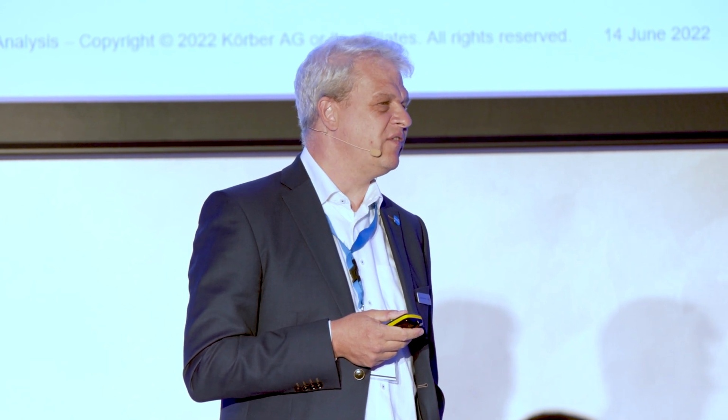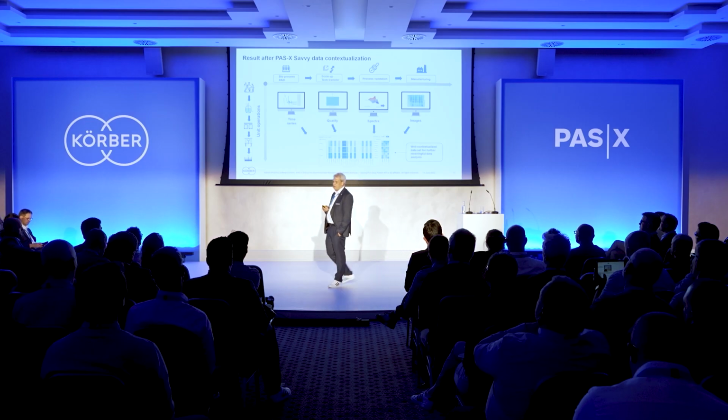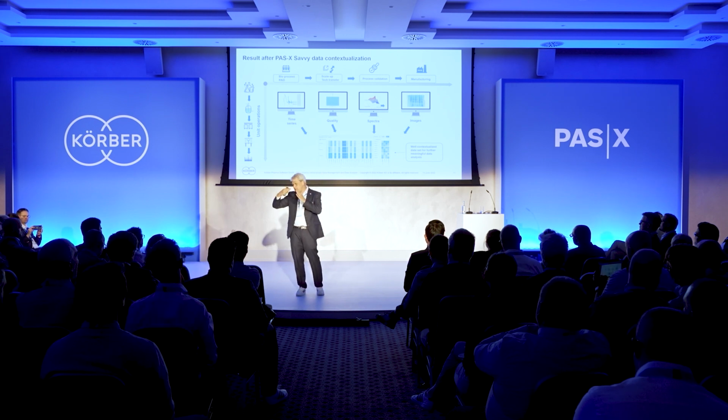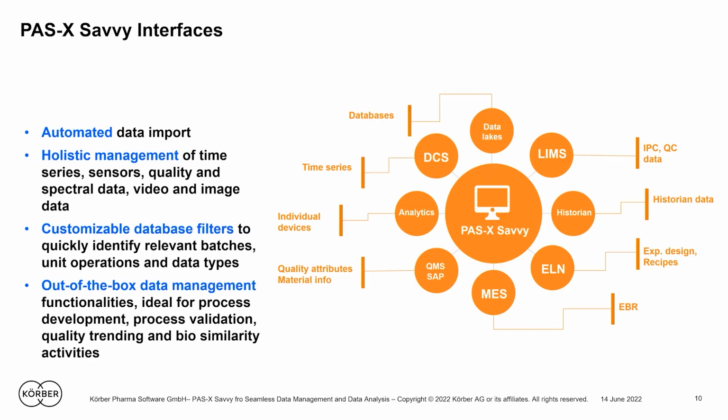A very important point is data contextualization. What is it? You have here in the dimension, I'm a metrics guy, so at least I think two-dimensional here in this way. So it's about the life cycle of the products, right? And then you have the process chain, let's say, on the other axis.